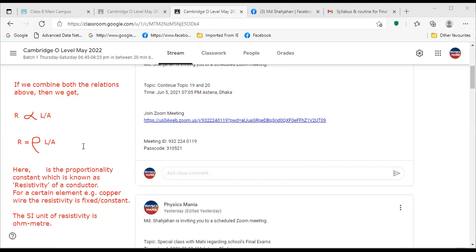Then I draw the symbol of ohm here. This is the Greek letter rho, which is used to symbolize or represent resistivity.